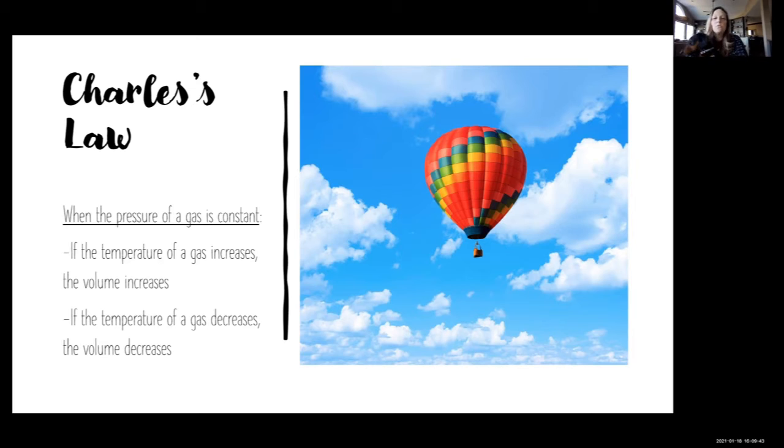When you increase the temperature, it inflates that balloon, which increases the volume. And actually, the balloon will float because the number of particles is the same, but the volume has increased, which means the air within the balloon is less dense than the air outside the balloon, which means that the air outside the balloon falls down beneath the balloon and pushes it up.